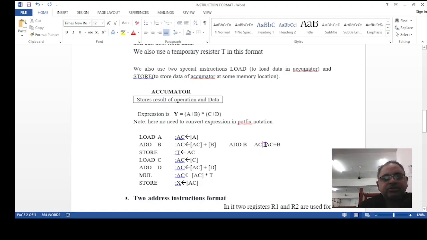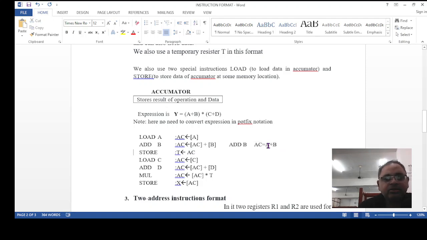Now for more explanation, previously AC was containing A. I have deleted it. So now the accumulator will contain A plus B.